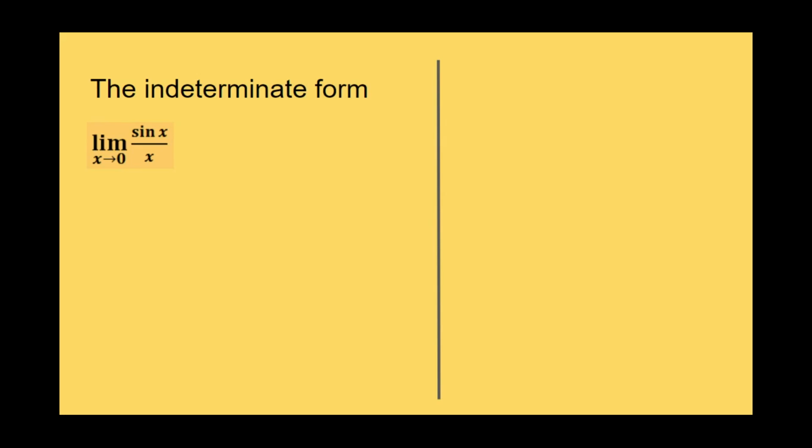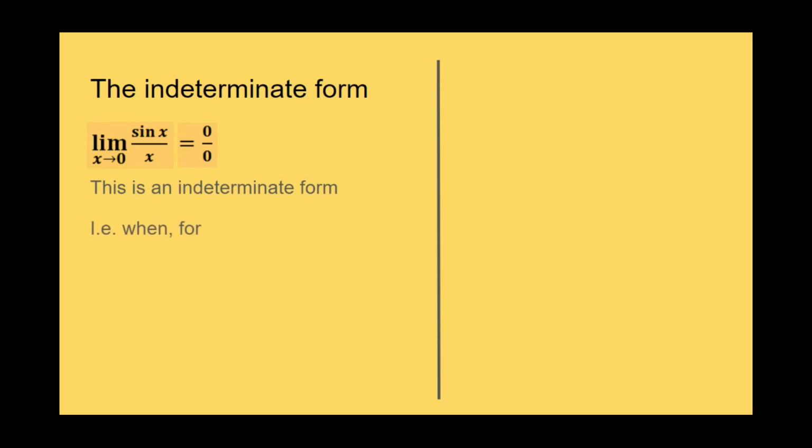So we're in trouble. We can't divide by 0, can we? Then if we look a bit more closely, finding sine of 0 as well doesn't help either. So when we've got 0 over 0 as our limit, that's what we call the indeterminate form.